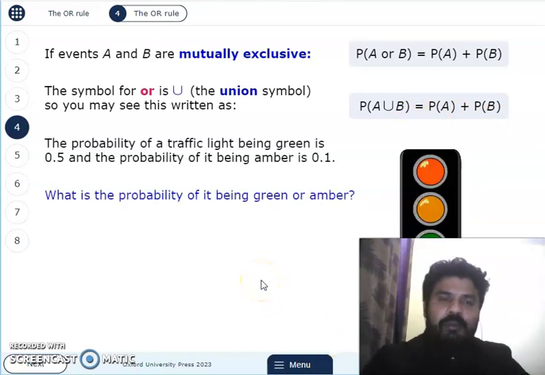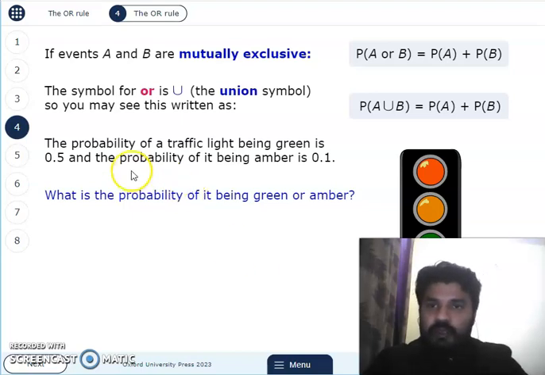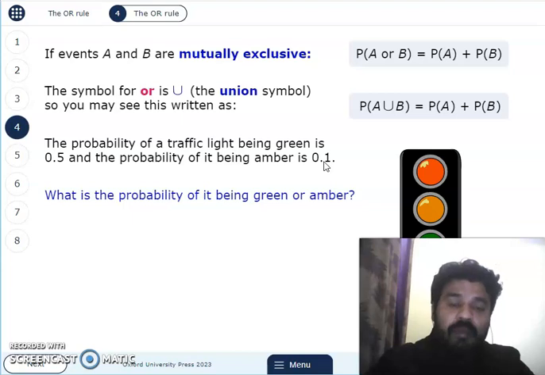Let's take one more example. If events A and B are mutually exclusive, P(A or B) is equal to P(A) plus P(B), and this OR is denoted by union. The probability of a traffic light being green is 0.5, and the probability of it being amber is 0.1. As we know, they're not overlapping each other, because green and amber are different from each other.